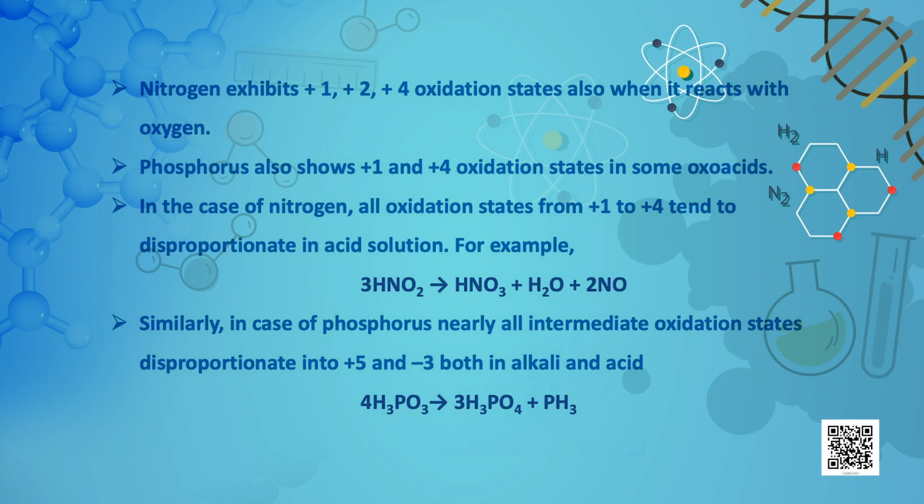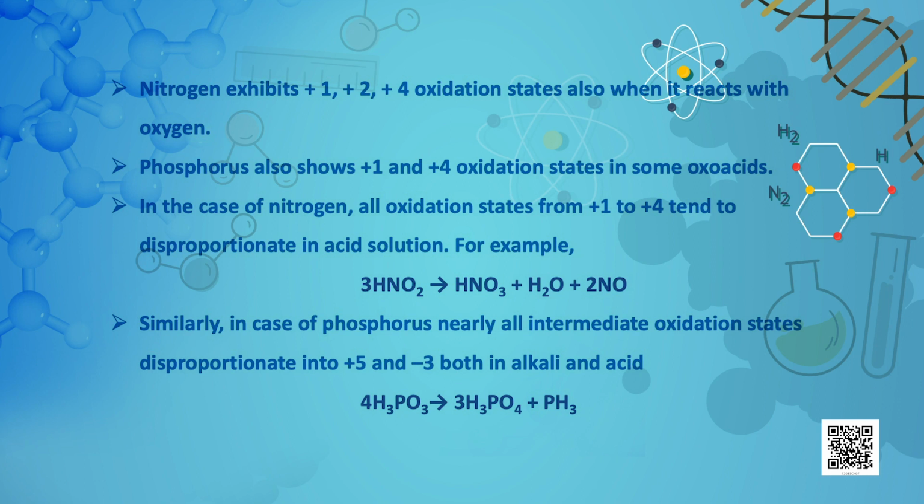Nitrogen exhibits +1, +2, +4 oxidation states also when it reacts with oxygen. Phosphorus also shows +1 and +4 oxidation states in some oxo acids. In the case of nitrogen, all oxidation states from +1 to +4 tend to disproportionate in acidic solution.